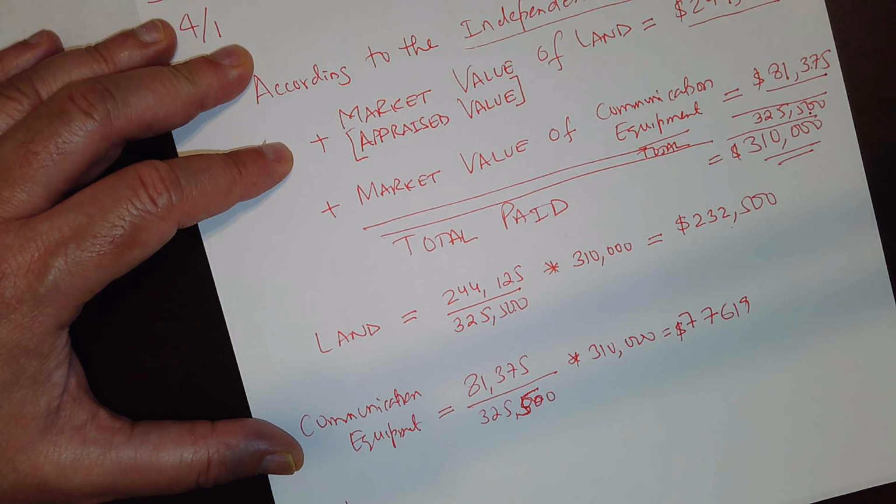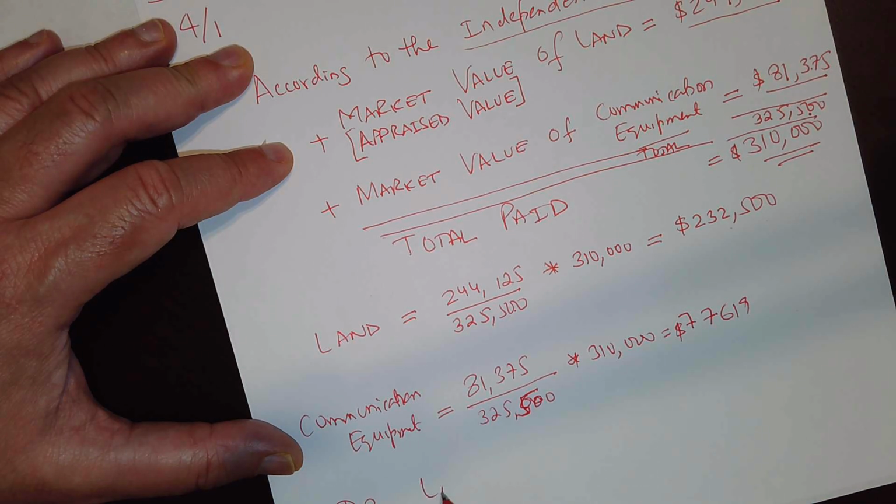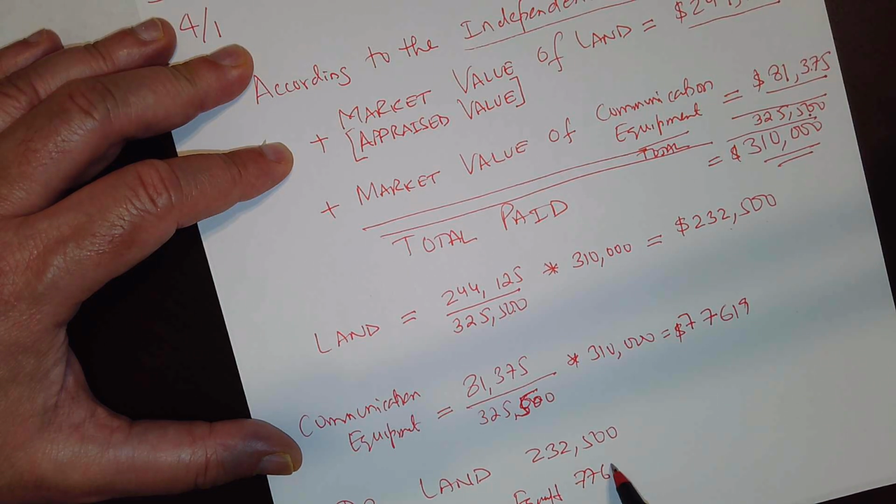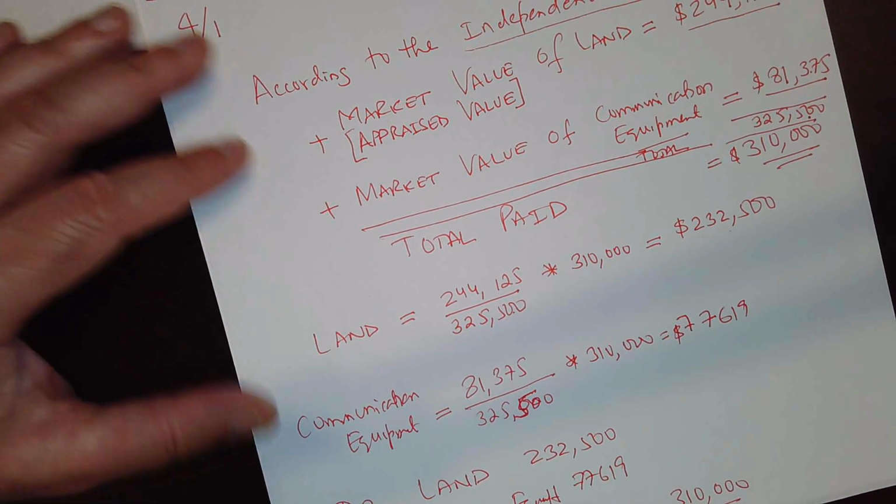So we're going to debit land for $232,500, and we're going to debit communication equipment for $77,619, and we paid cash, so we're going to credit cash $310,000.